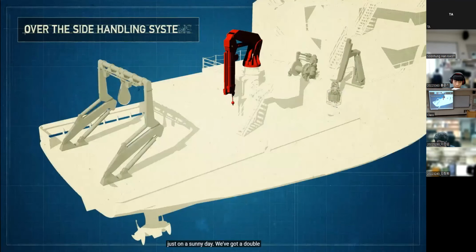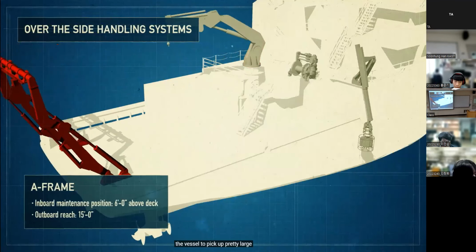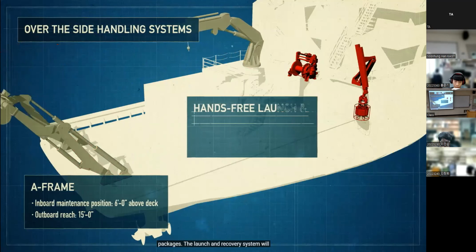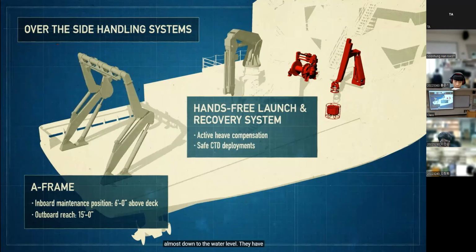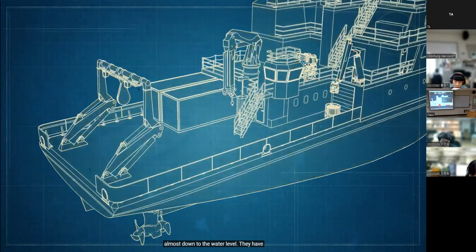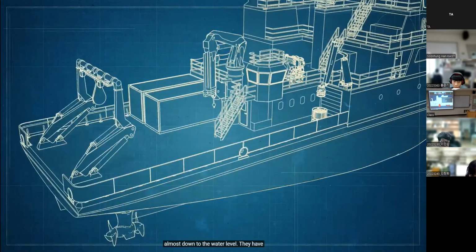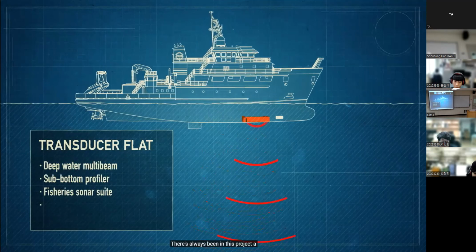We've got a double articulating A-frame, which will allow the vessel to pick up pretty large packages. The launch and recovery system will be designed so that it can put the CTD almost down to water level. They have a center board where they can change out some of their transducers. They also have a pretty extensive transducer array.